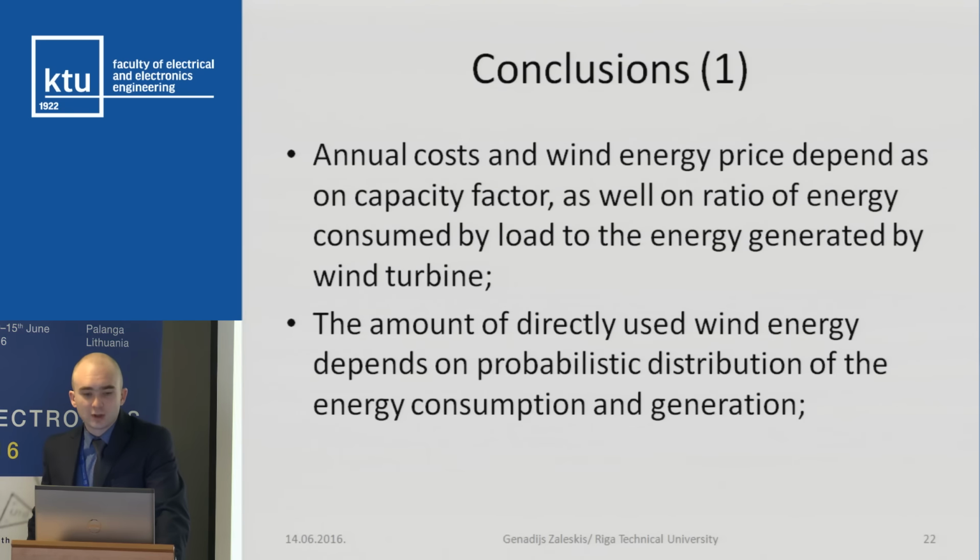So, conclusions. Annual cost and wind energy price depend on the capacity factor as well as on the ratio of energy consumed by the load to the energy generated by the wind turbine. The amount of directly used wind energy depends on the probabilistic distribution of energy consumption and generation on the wind speed.